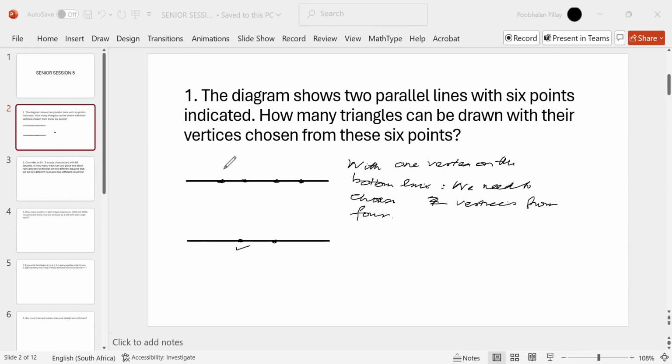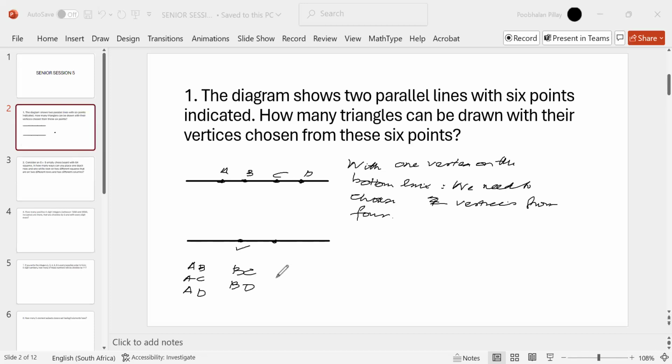So if you choose 2 vertices from here, suppose you give the names A, B, C, D to those vertices, then you could have AB or AC or AD. So all those with A in it. Okay, now let's take all those without A in it. Start with B. There are BC or BD, right?